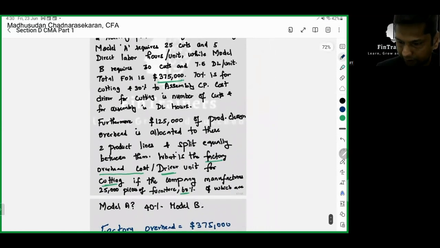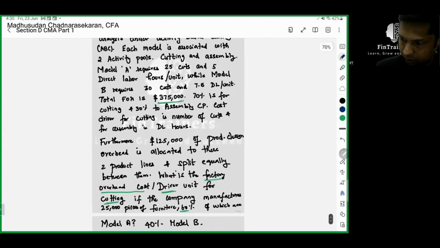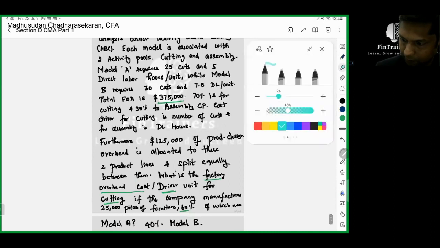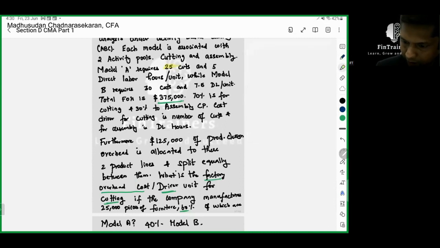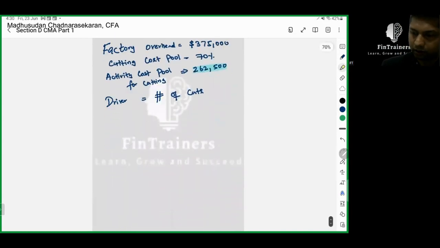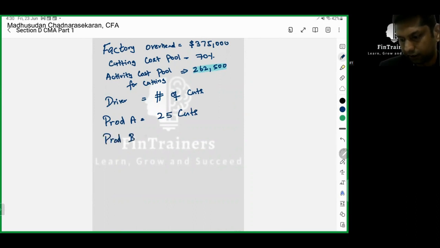They have given us 25 cuts for product A and 30 cuts for product B. Let's write that down.